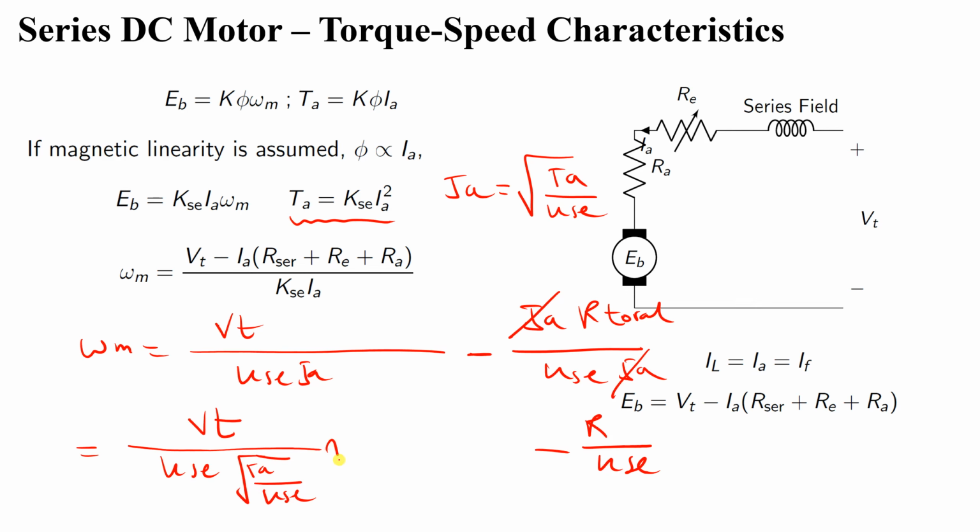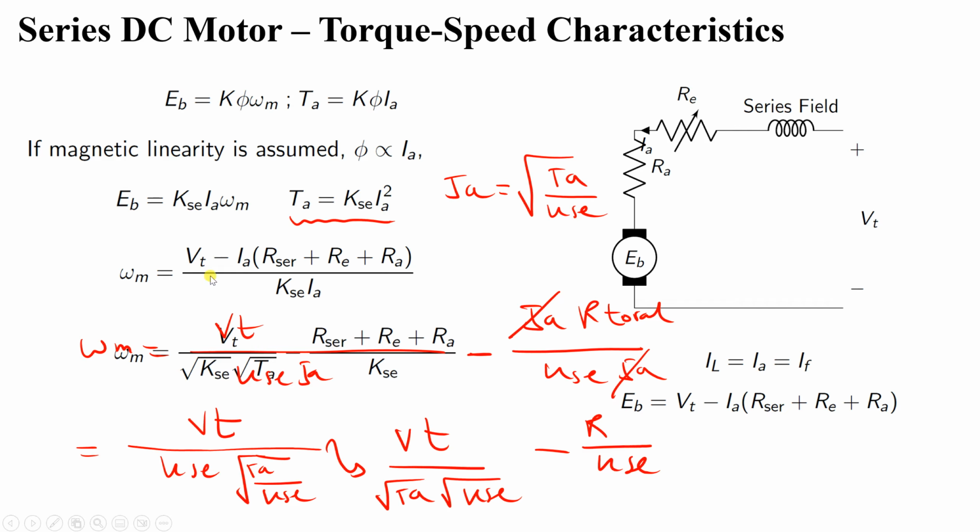So this is exactly V terminal over root torque multiplied by KSE divided by half KSE gives us root KSE. Okay, so it's very simple, just a mathematical simplification.